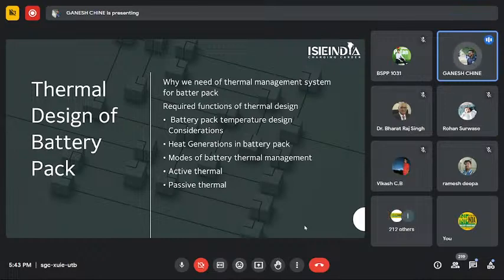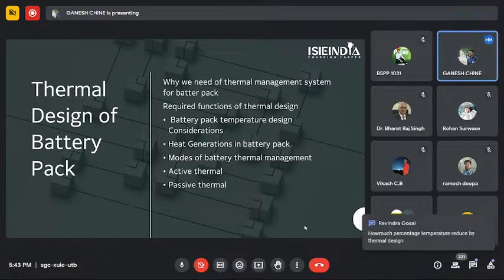And another one is when we use a particular cooling system, of course, passive cooling or active cooling system. In active cooling, we require a compressor or some external energy source to run that cooling system.